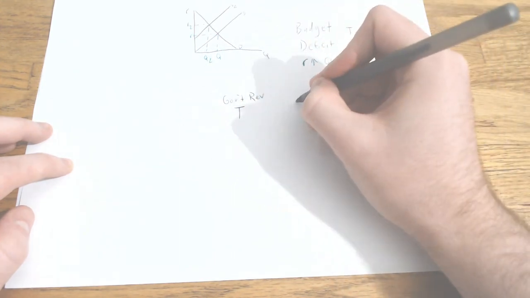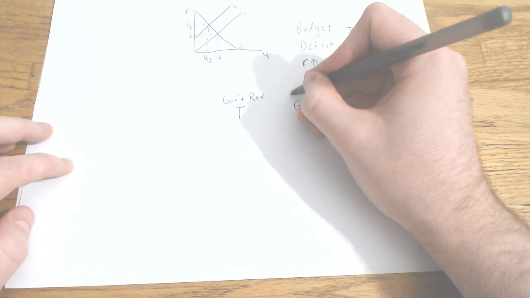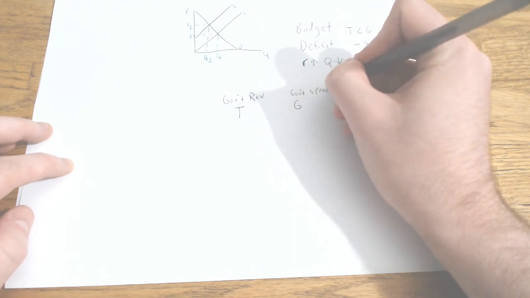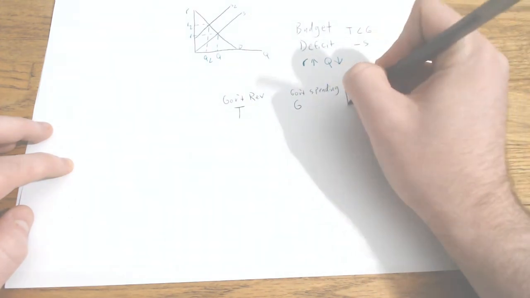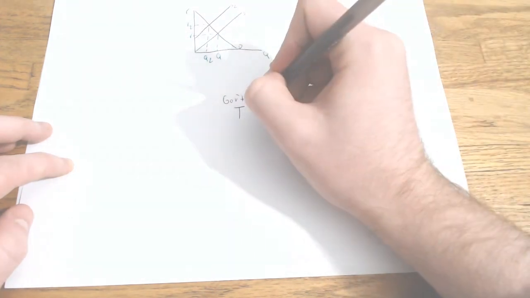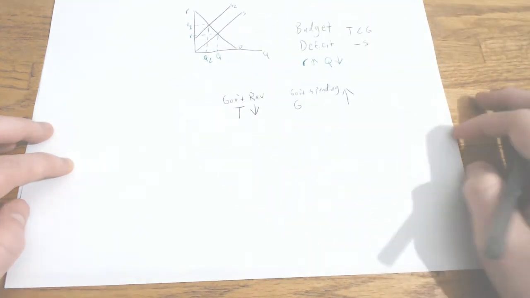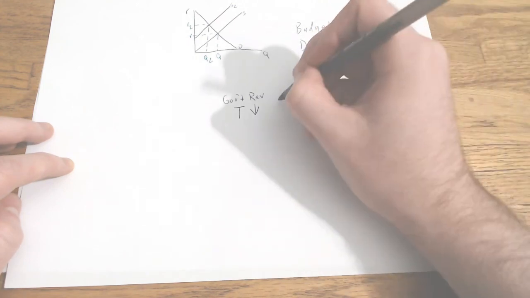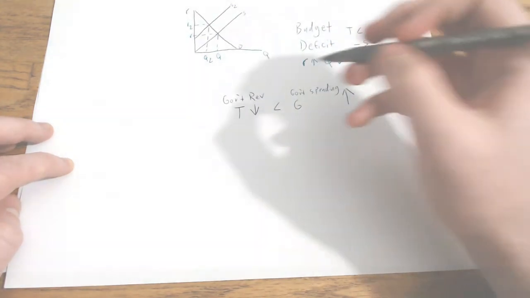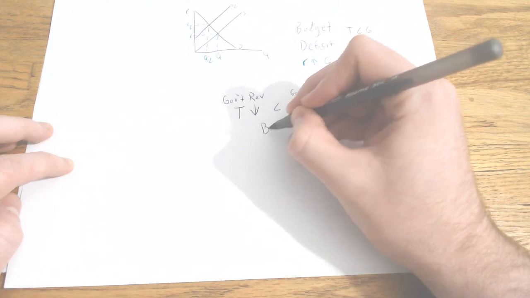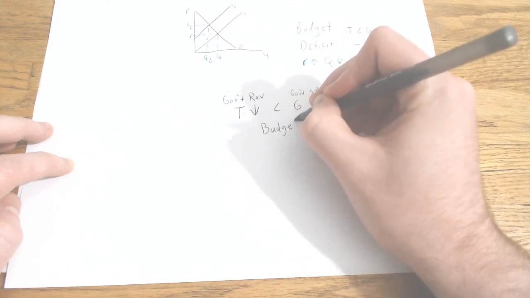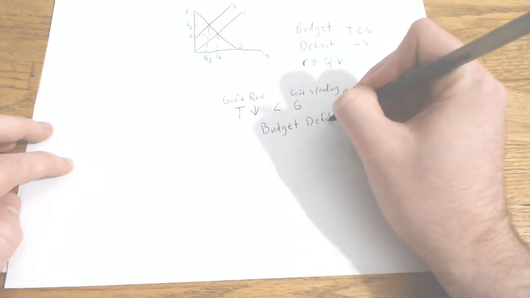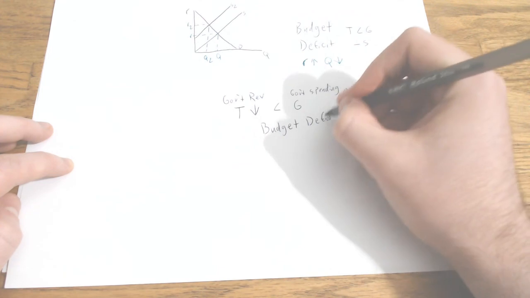And then we have government purchases, which is government spending. So he increased this, decreased taxes, and what would that cause? That makes T less than G. If T is less than G, that's a budget deficit, which means we went into debt.